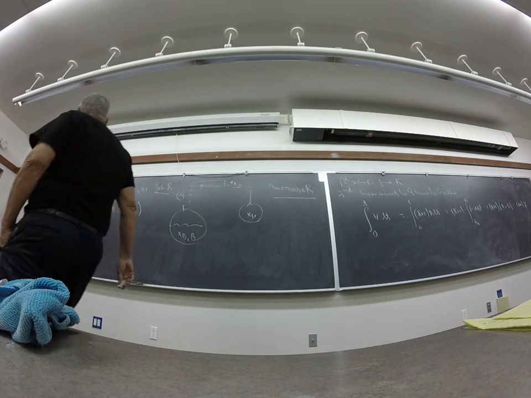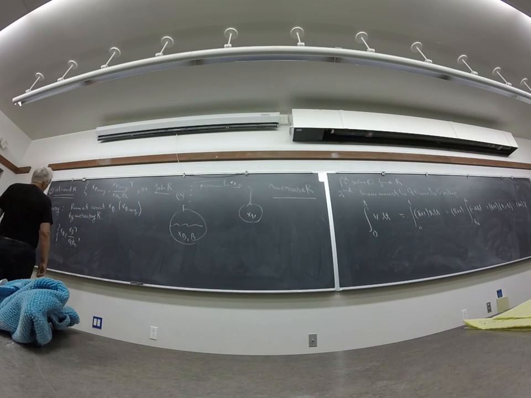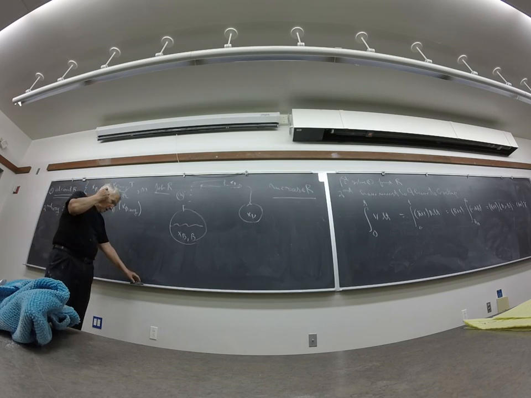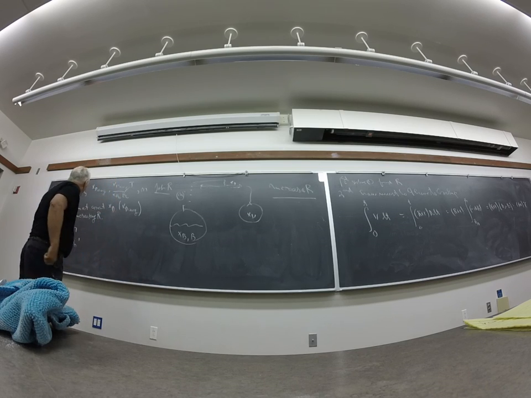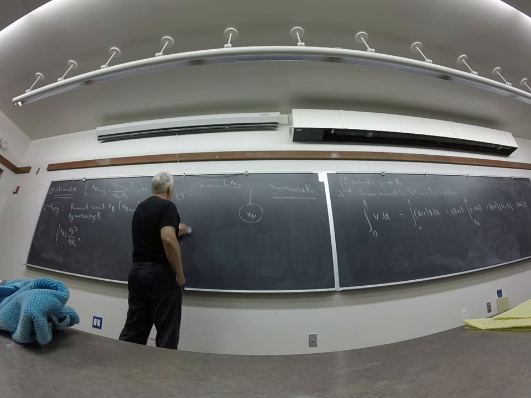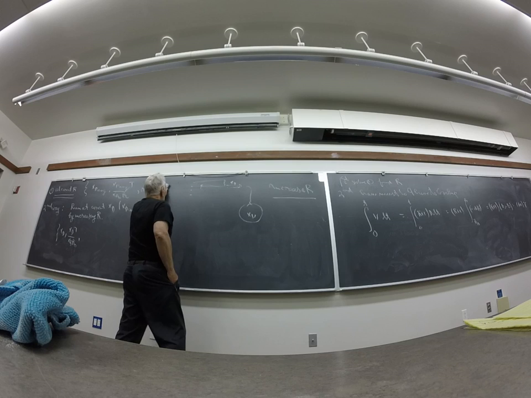So let's turn our attention to running at constant XD. XD will be fixed. It'll also be the overhead product composition. And I got to try and decide, in order to compare these, how much I have to boil up to do this.